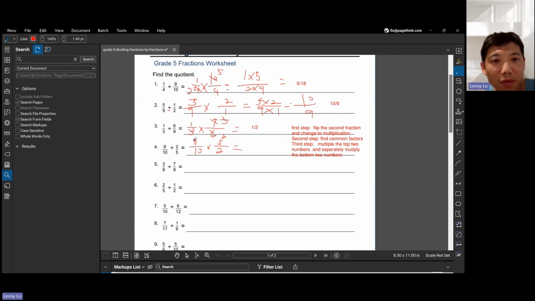Second step, you find the common factors. We know this is 4 and 5, and this is a 5, so we cancel that one out on the top and also the bottom. So also we find this is a 4, this is a 2, so we also cancel it out. So the correct answer is 2.